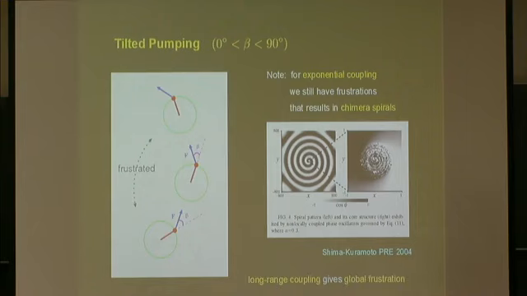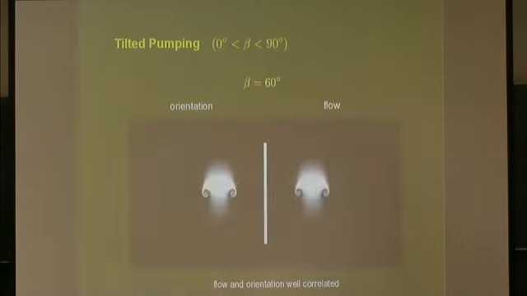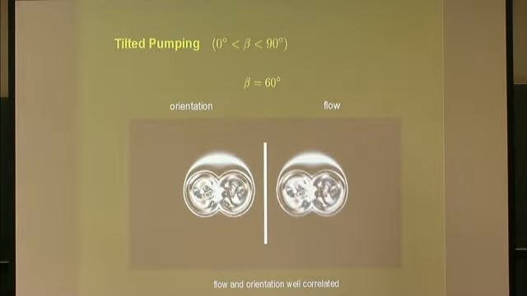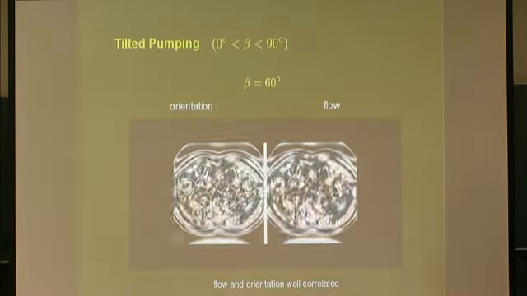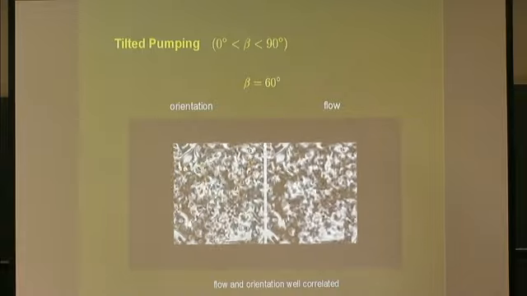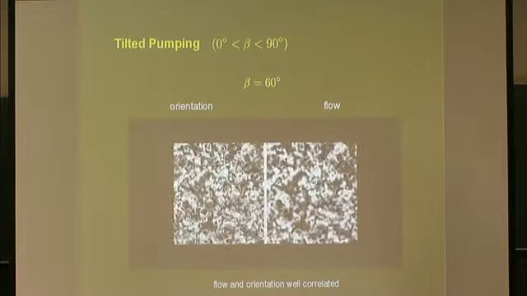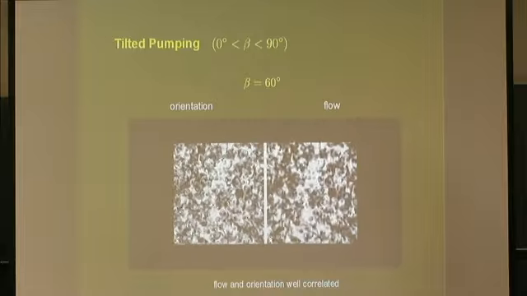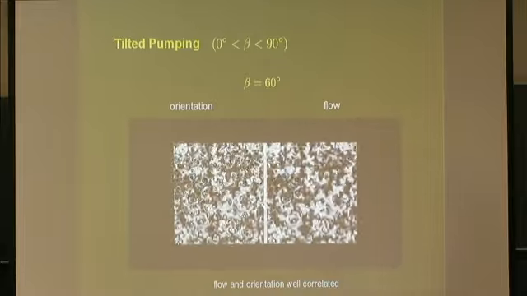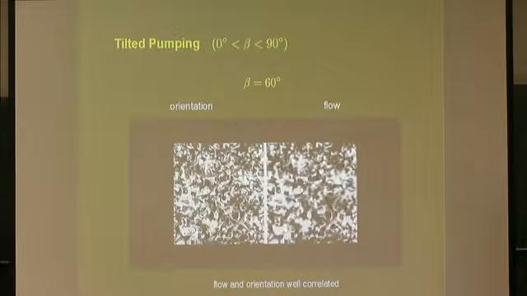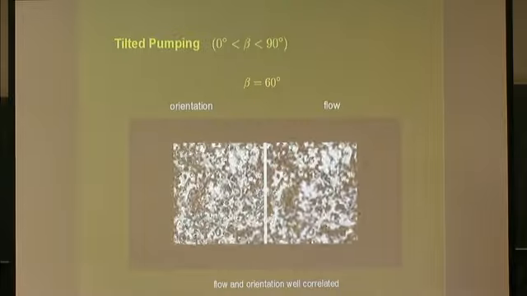In contrast to these chimera states, we have a long-range coupling, and the pattern is globally frustrated or disordered, turbulent. And what we show here is a comparison between the orientational order parameter and the flow. This shows the x component of the flow velocity. We see that the flow pattern and the orientation pattern are well correlated.